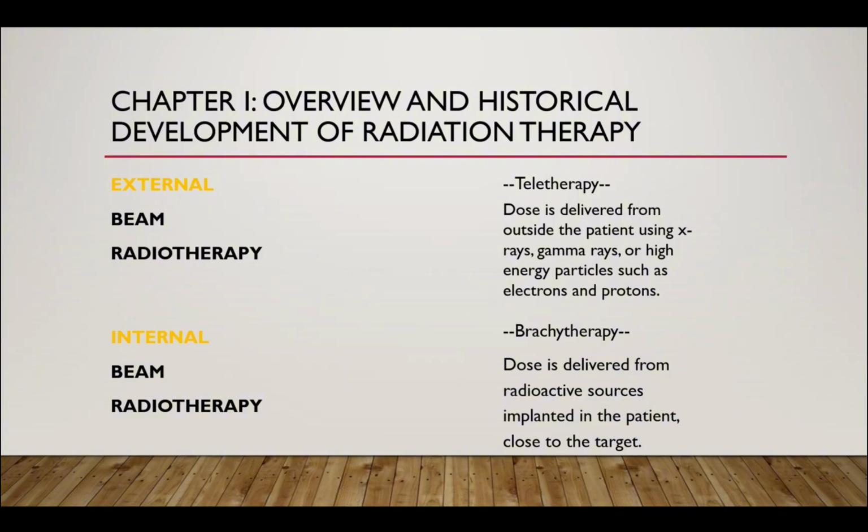So in teletherapy, we will discuss the different units used in external beam radiotherapy, such as the kilovoltage teletherapy units, megavoltage teletherapy units, and among others. While for internal beam radiotherapy, we have different techniques such as the intracavitary, interstitial, and others, which will be discussed in the succeeding chapters.